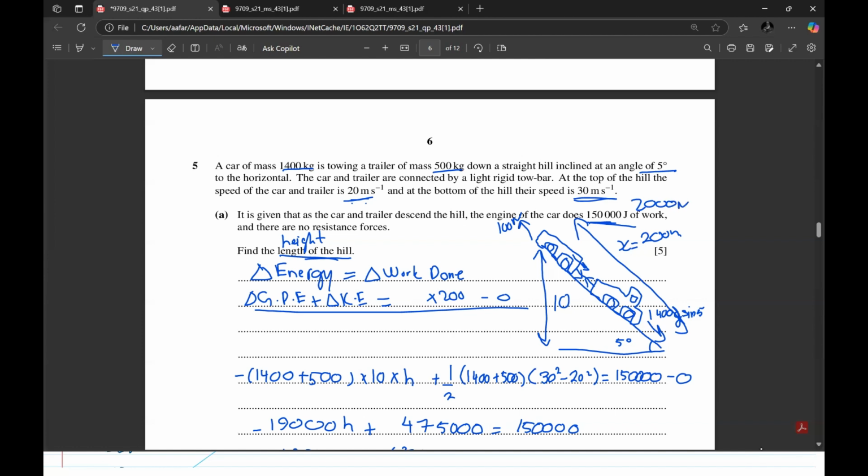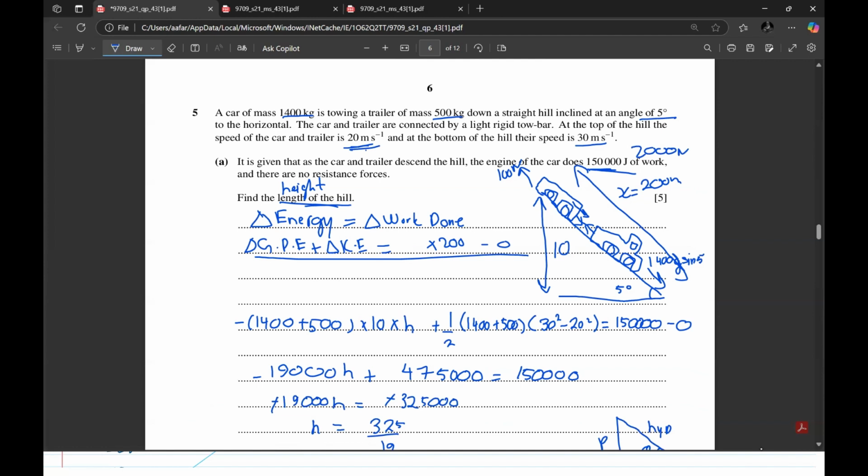And then they ask us to find what will be the speed at the bottom of the hill, and they give us initial speed 20. So let's say this is 150,000 and the h they gave us is 10. But they haven't given us final speed, so we just simply assume minus 20 squared. Understand?